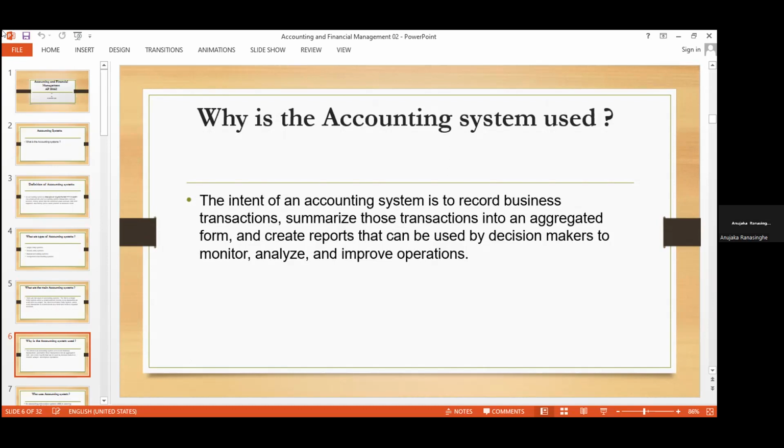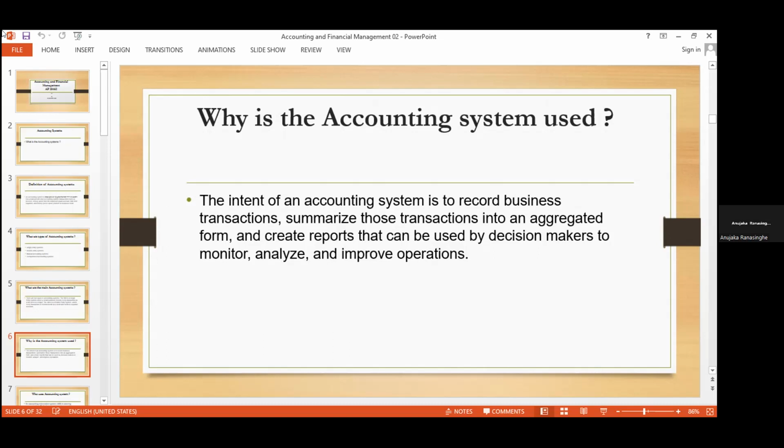The intent of an accounting system is to record business transactions, summarize those transactions into an aggregated form, and create reports that can be used by decision makers to monitor, analyze, and improve operations.